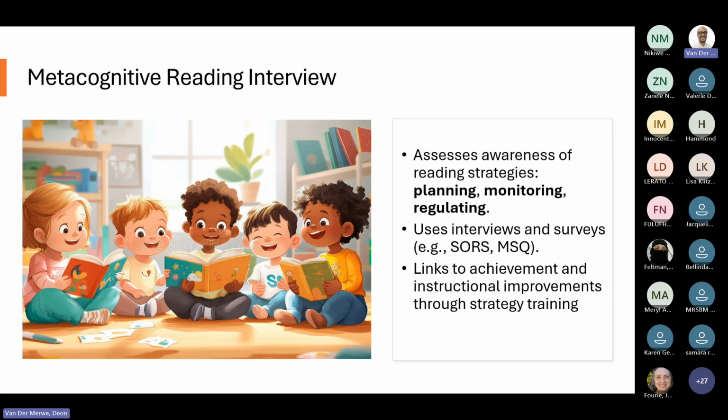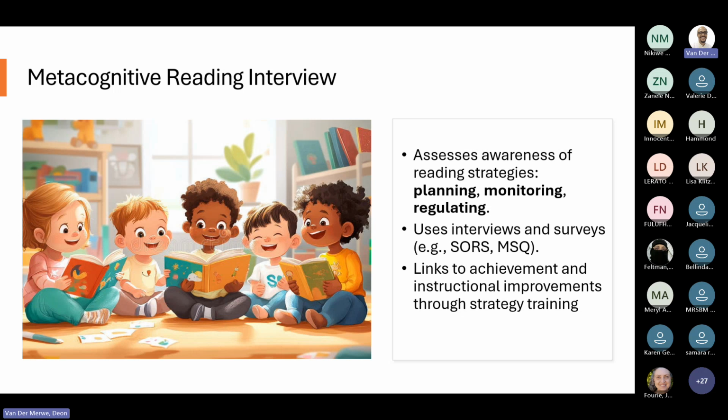And then also, part of your assessment approach for your case child will be based on the metacognitive reading interview. This is basically to gauge or help you assess whether the child is able to think about thinking while reading.